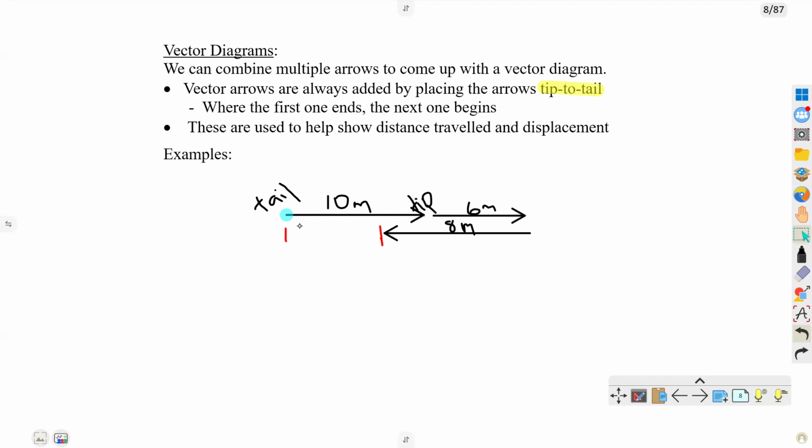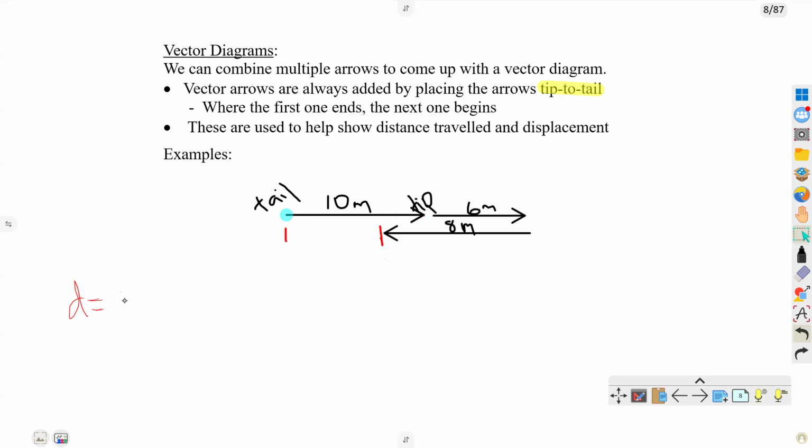So in this example here, we see that something is traveling 10 meters in this direction, 6 meters in the same direction, turns around and moves 8 meters back in this direction. So this vector diagram is really good at helping us tell the difference between a distance traveled and a displacement. Now remember, distance is just the total distance that is traveled by the object or the individual.